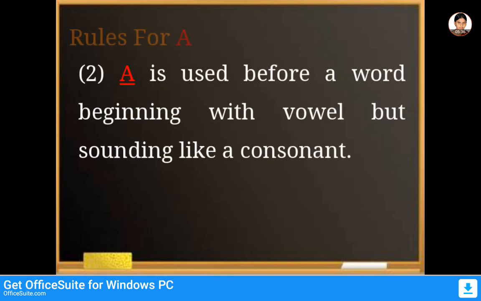A is used before a word beginning with a vowel but sounding like a consonant. A European: here E is a vowel letter but pronounced with a consonant sound.